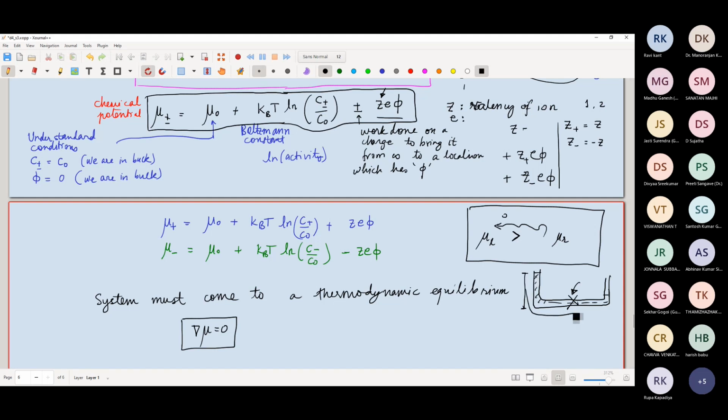So water has to flow so as to equilibrate the gravitational potential. Similarly, in case the chemical potential is higher, then there must be some kind of a flow, and in this case, instead of flow of water, there will be a redistribution of ions and redistribution of the electric potential so as to render the gradients or the differences in space of the chemical potential equal to zero.